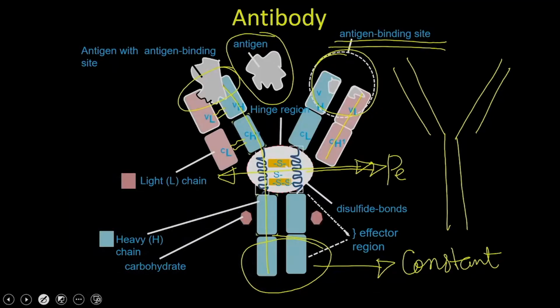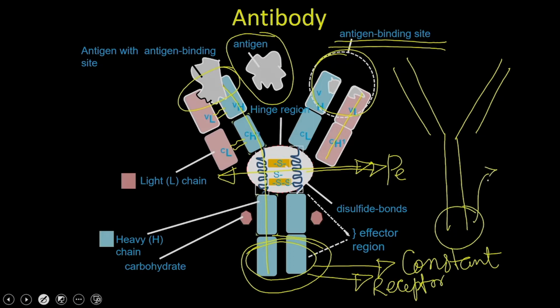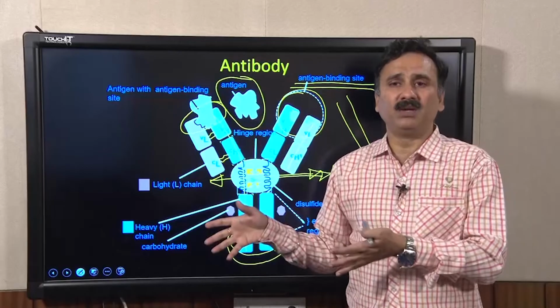Because this region is a constant region, it has a receptor on the cell surface. So, when the antigen binds to this antibody, this constant region binds to a receptor, and that is how it governs downstream signaling into the cell, eliciting the immune responses from those cells.